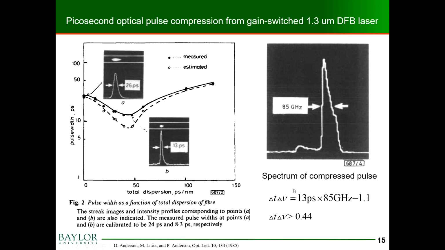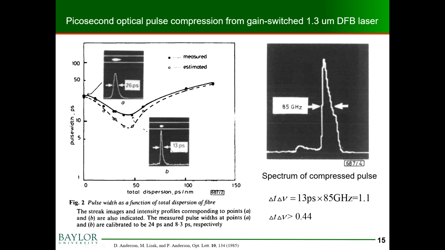So delta T times delta nu is 16 picoseconds times 85 gigahertz. You end up with 1.1, right? So delta T times delta nu is greater than 0.44. We learned from the homework that for a very nice Gaussian signal, the product is 0.44.